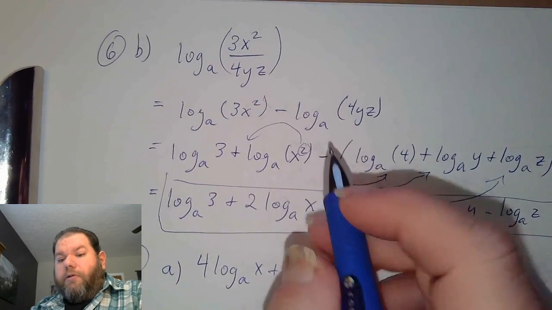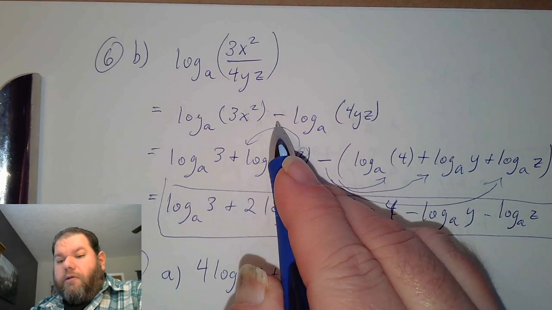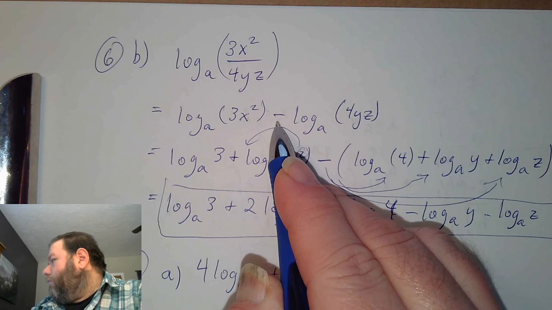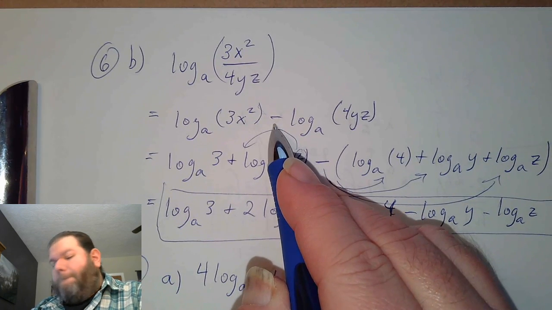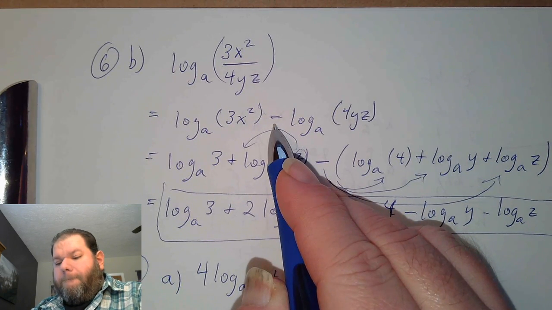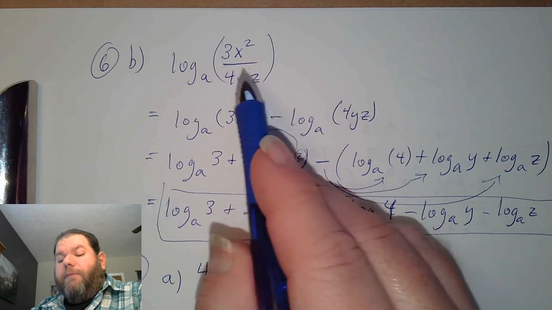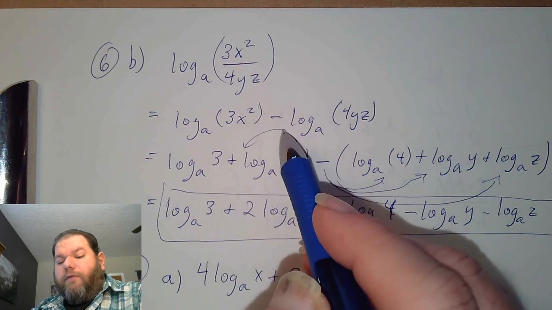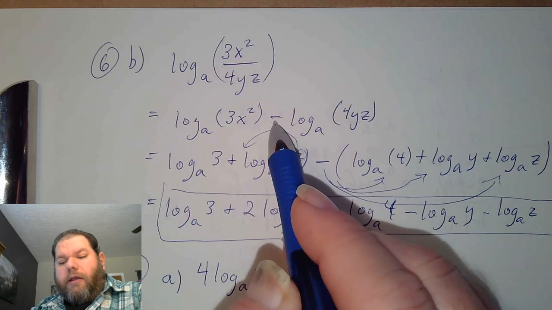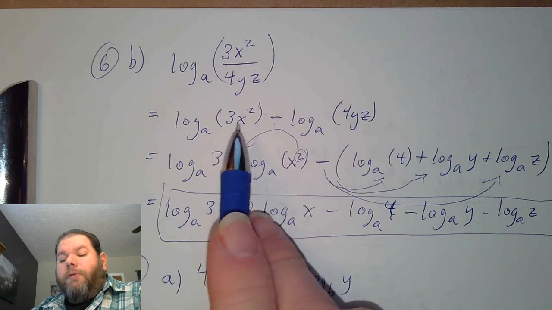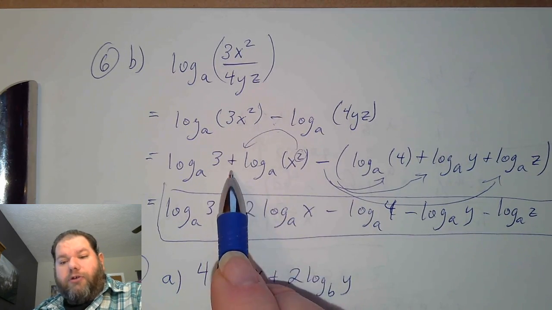Oh, do you mean up here, Jared? The reason that these would be subtracted is because the division transfers into a subtraction, whereas multiplication becomes addition.